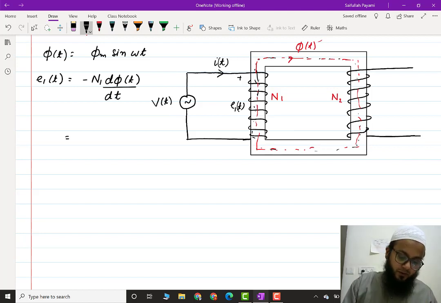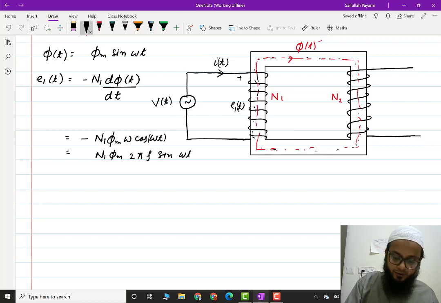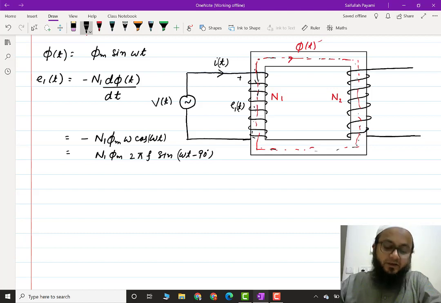So this would be equal to, let's say, minus n1 phi m omega cos omega t, and this would be equal to n1 phi m omega, where omega is 2 pi f, sine of omega t minus 90.